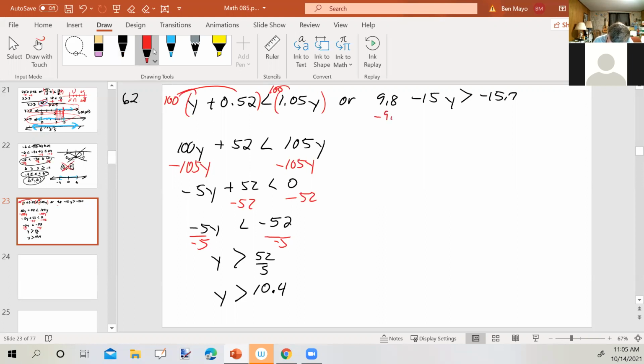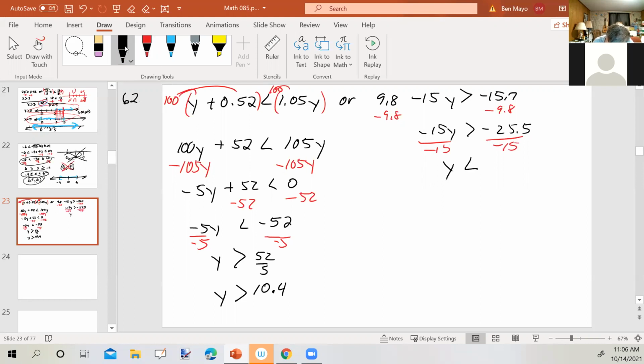I'm going to subtract 9.8 from both sides, so -15y greater than -25.5. Is that right? Let's see here. Let's check. -15.7, and then minus 9.8, negative 25.5, and I'm going to divide both sides by negative 15.